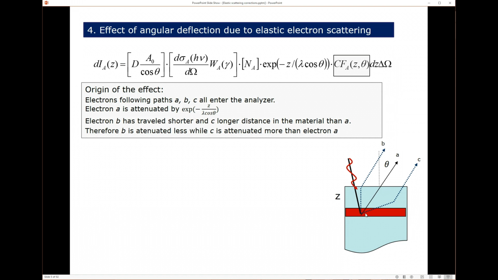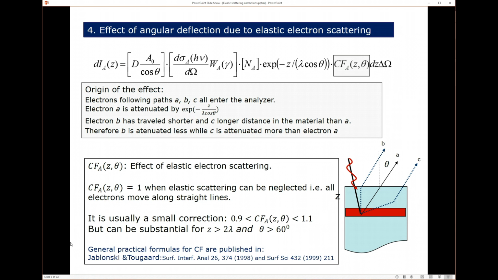It can also go out initially in this direction, be scattered here, and be scattered out into the direction of the analyzer, and the path length traveled is longer, and therefore the attenuation will be larger for this electron than for the electrons that follow trajectory A.